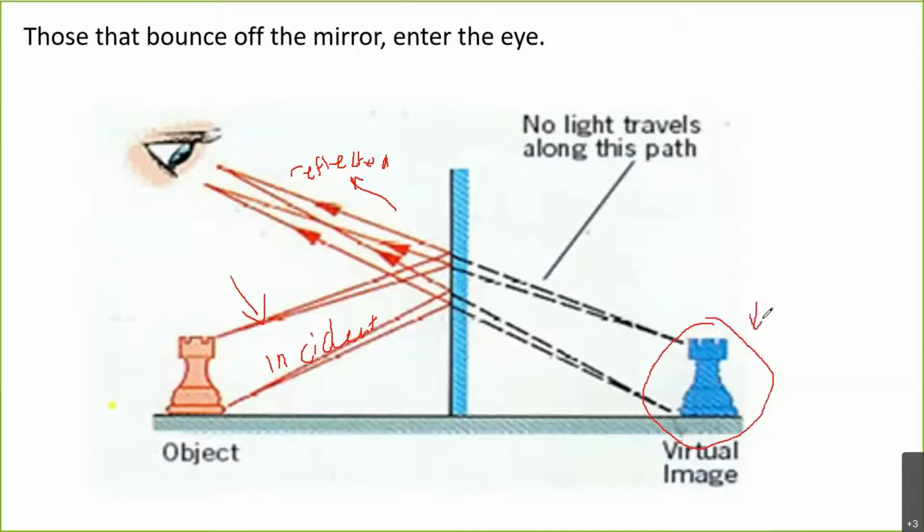So when we talk about an image, we're actually talking about the point where all the light rays would meet up. And if they meet up behind the mirror, then we call the image a virtual image. If they meet up in front of the mirror, then it would be a real image, okay?